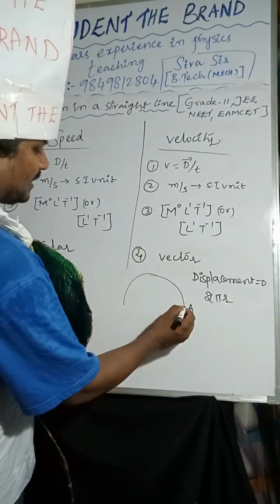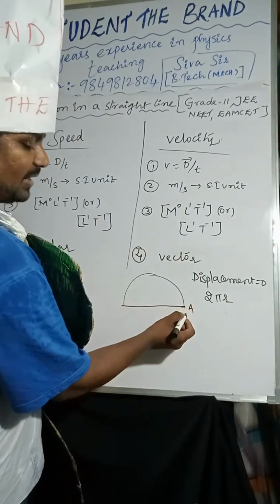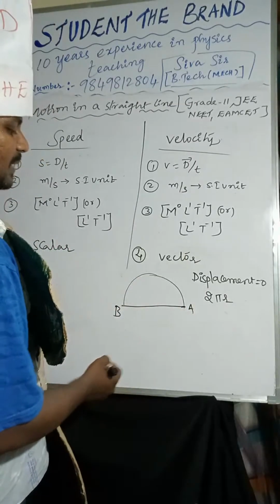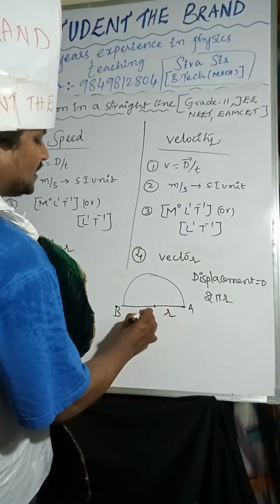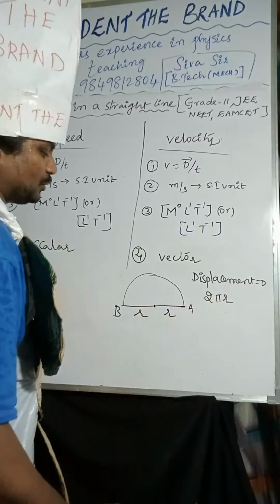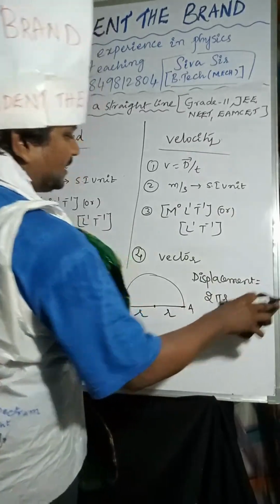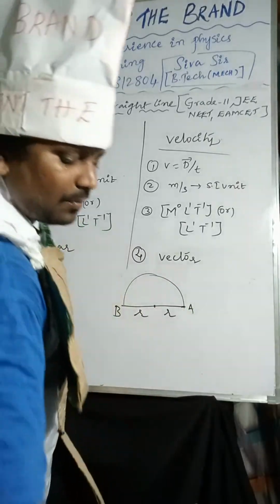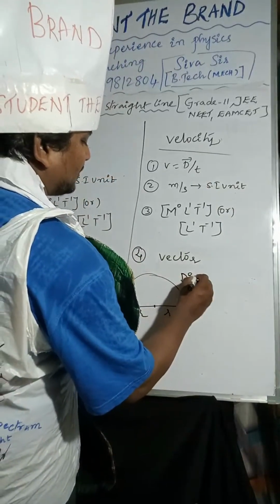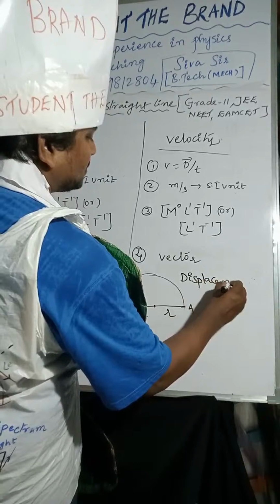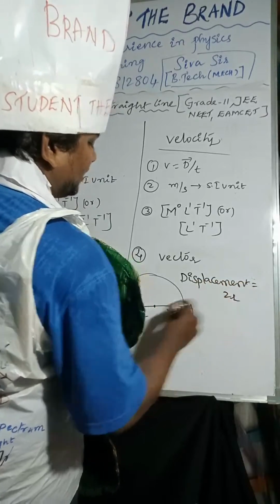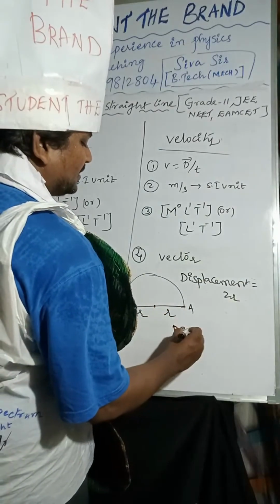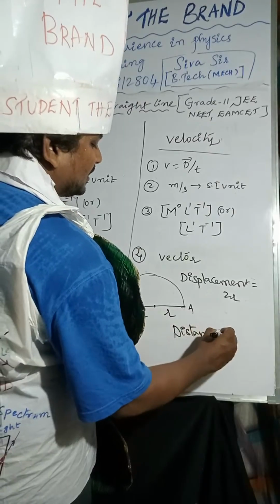A body started from here and reaches point B. If the radius is r, this is also r, so the displacement is r plus r, that is 2r. Displacement is 2r. Distance is pi r.